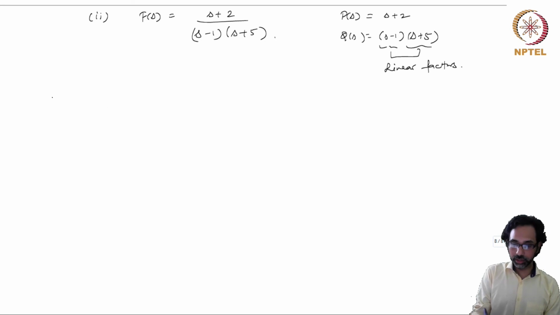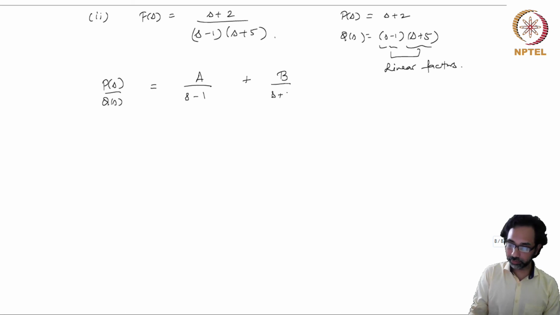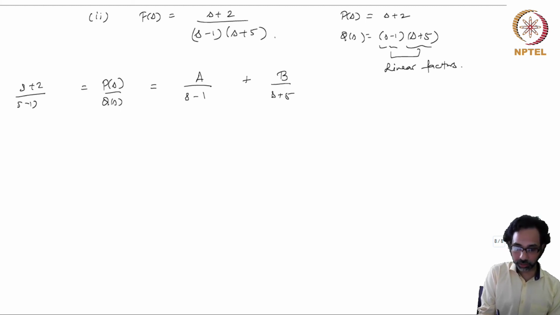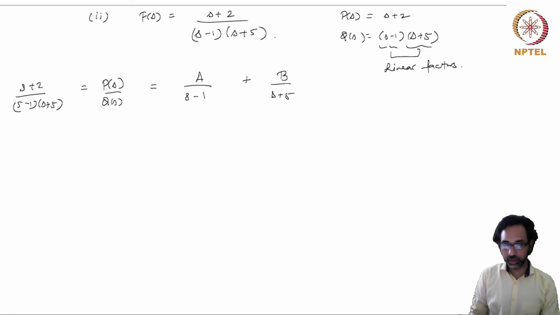So in this case, our partial fraction expansion will be of the form A over (s minus 1) plus B over (s plus 5), and again A and B are constants. So this is our (s plus 2) over (s minus 1) times (s plus 5).